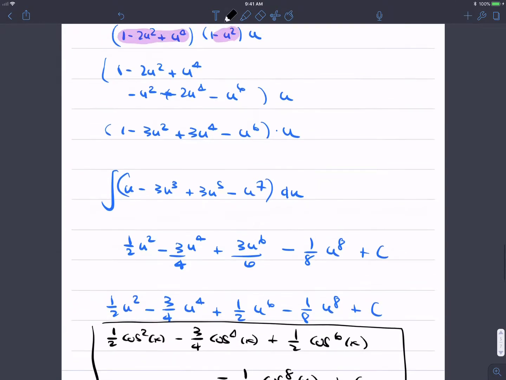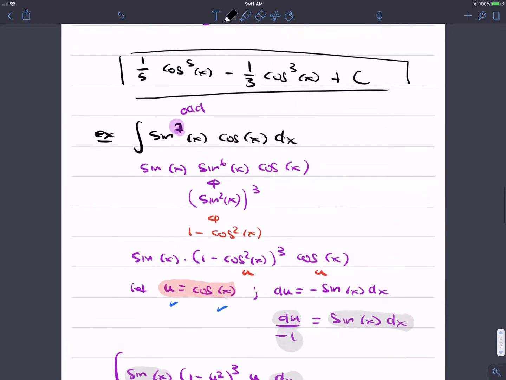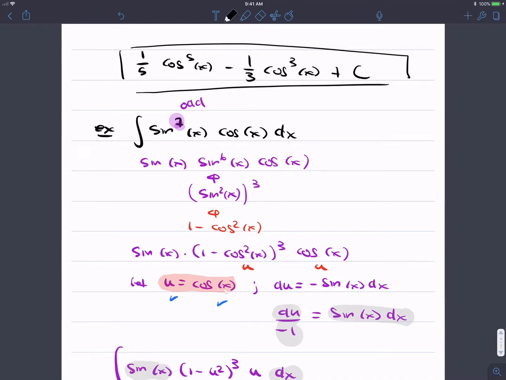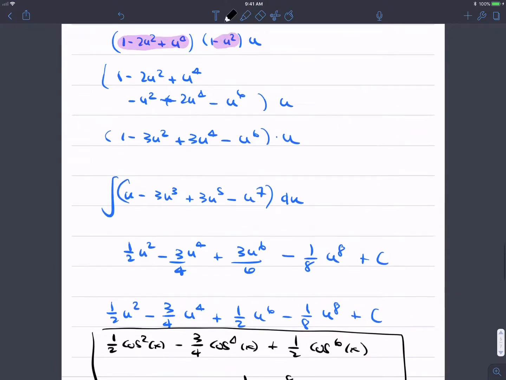So this is what we're going to do here when we approach a problem that has an odd power of sine up here.